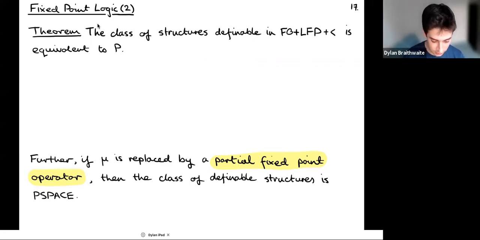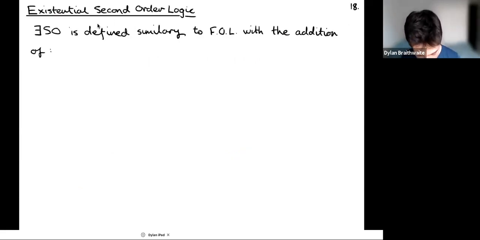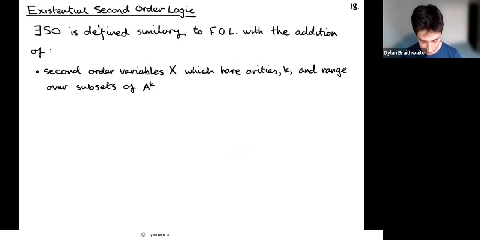So, we've classified P, we might say, can we also do NP? And the answer is yes, but we do have to jump to second order logic, speeding through this a bit. Specifically existential second order logic.